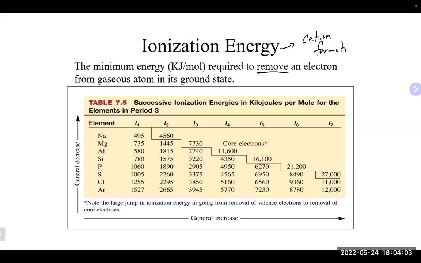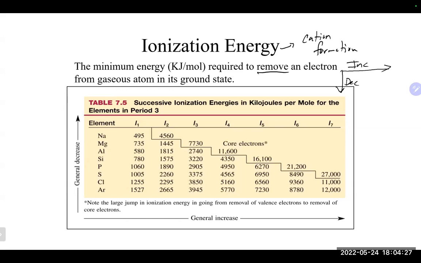Because that's what happens when you lose an electron, you become positively charged. By the way, electrons come off one at a time, so they don't all drop off at once. The general trend in ionization energy is it generally increases as you go up and right on the periodic table, and decreases as you go left and down on the periodic table.